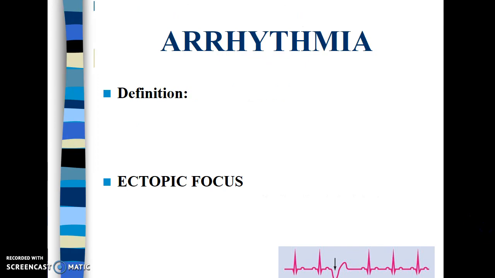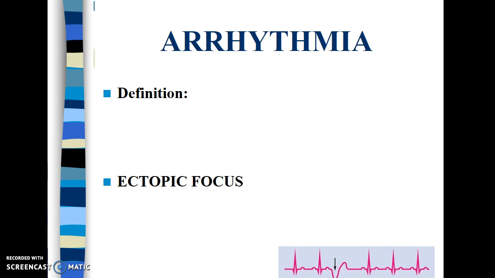So what is an arrhythmia? An arrhythmia is an abnormal electrical pattern of the heart, so that we're not getting the proper electrical conduction in the order that we would normally have it.